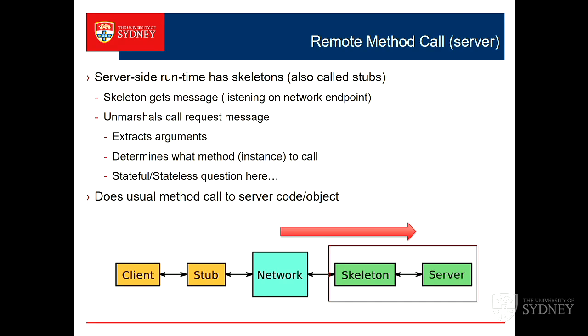It's listening on the endpoint for that service, it gets the message, it unmarshals the request, extracts all the arguments, constructs a stack frame, and calls the piece of server code. And that question we had at the beginning about stateful and stateless, of course, that involves whether I'm going to an instance of this piece of server code per stateful thing, or whether this is just a piece of code that I create on the spot.